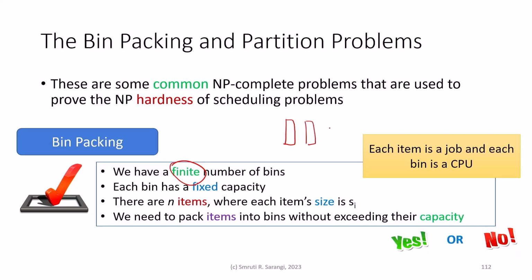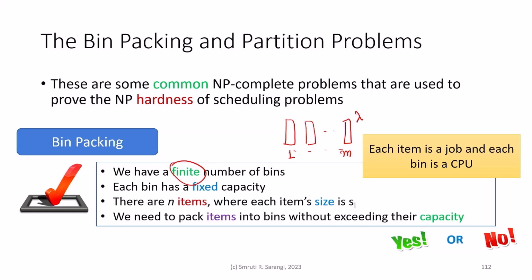If you have M cores, you have a finite number of bins, and let's say the size of each bin is lambda. We'll relate lambda to Cmax very soon. Each bin has a fixed capacity lambda. There are n items. In this case, one item is a job. Each item has size Si, meaning each job has a duration Pi. We have to pack items into bins without exceeding their capacity.